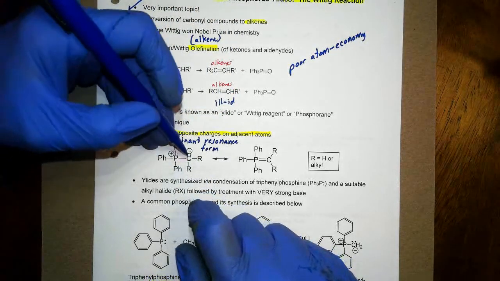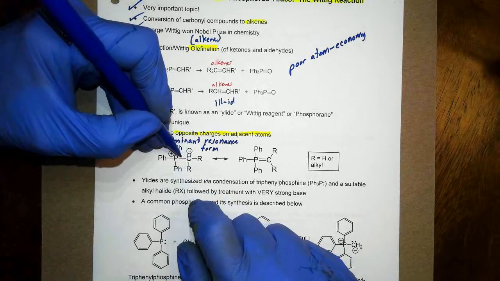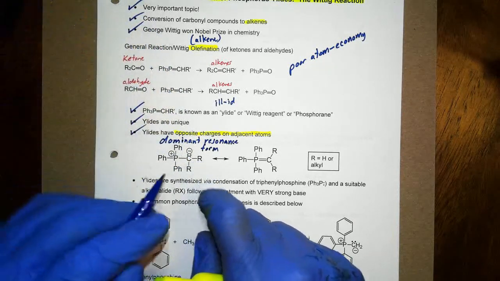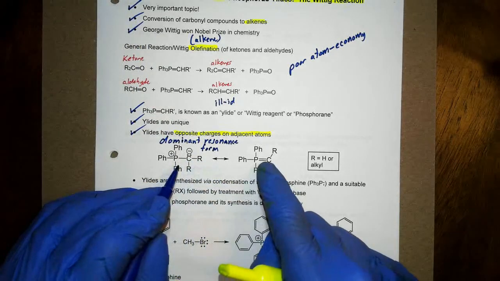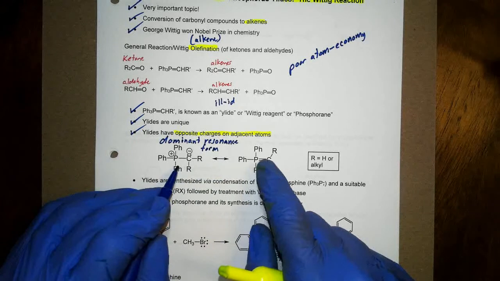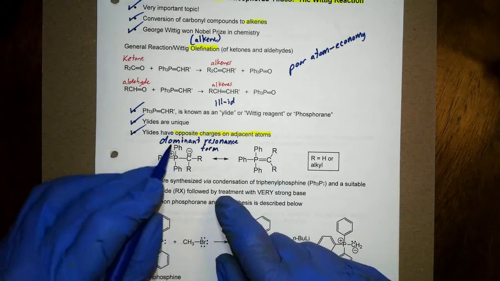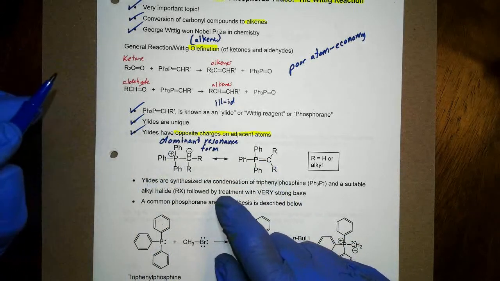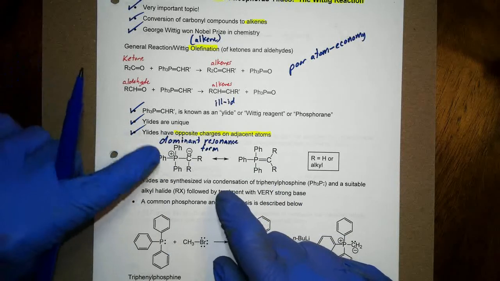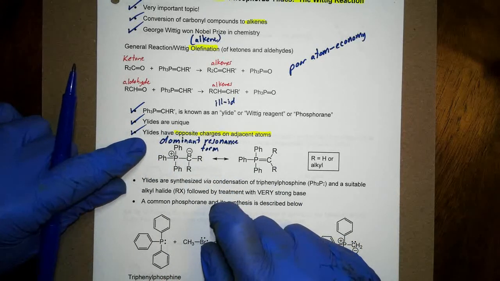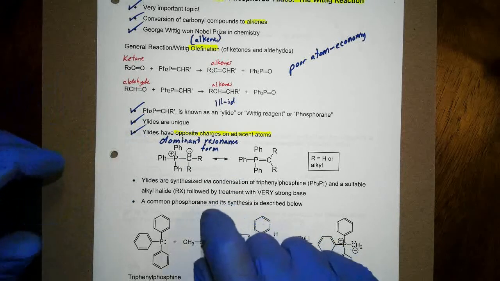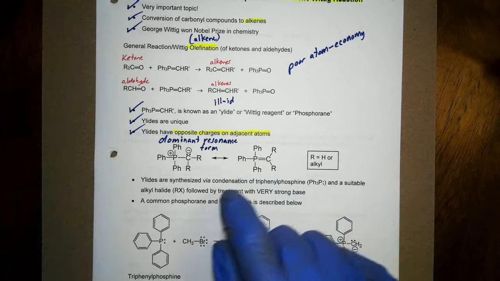Because, folks, if I put that pair of electrons there, it's going to pull the phosphorus and the carbon closer together to give it more of a double bond character. So what's the problem with that? Well, these are 3 phenyl rings, and they're bulky. And it's kind of hard to pull things in closer to that phosphorus, simply on that basis, because it creates too much congestion.